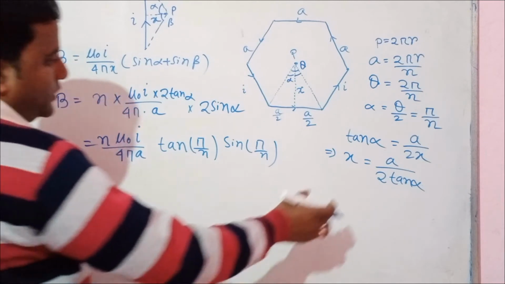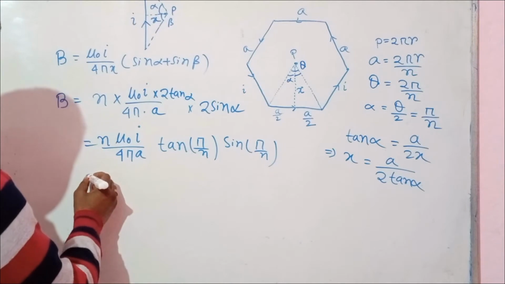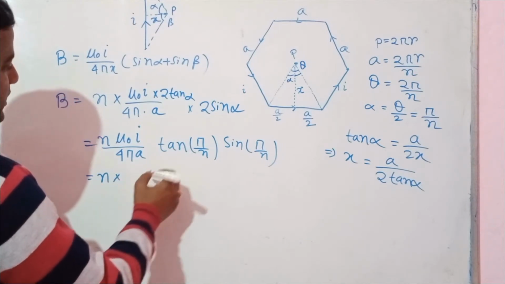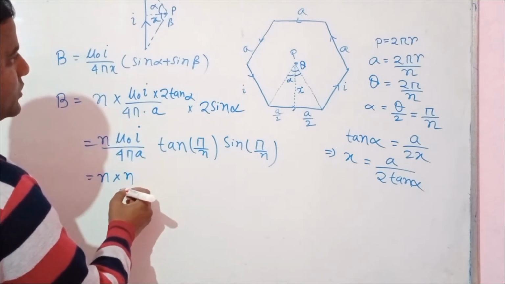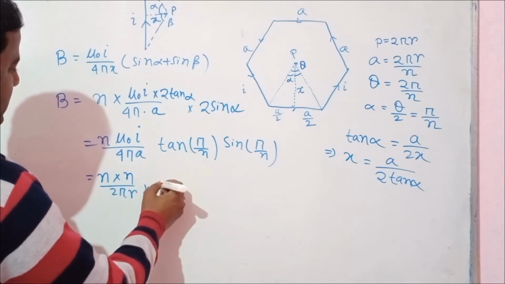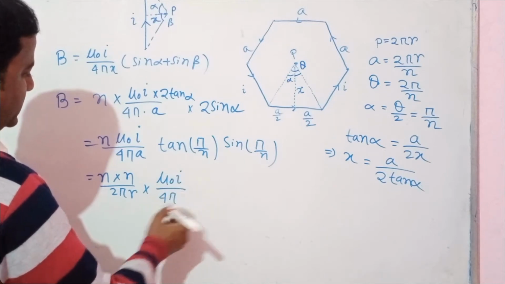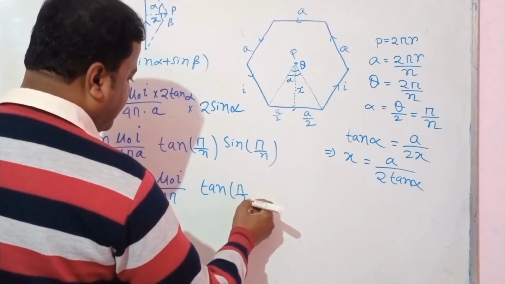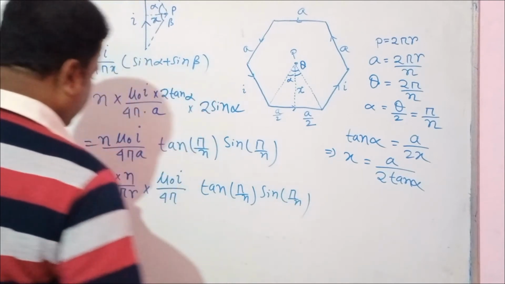Now we put the value of a. N into here 1 by a, this gives n into 2 pi r, and here mu naught I upon 4 pi, and this is tan pi by n into sin pi by n.